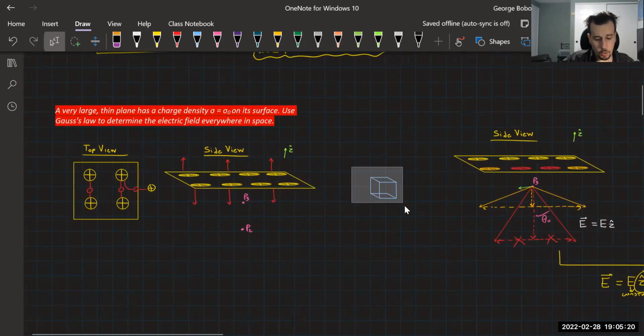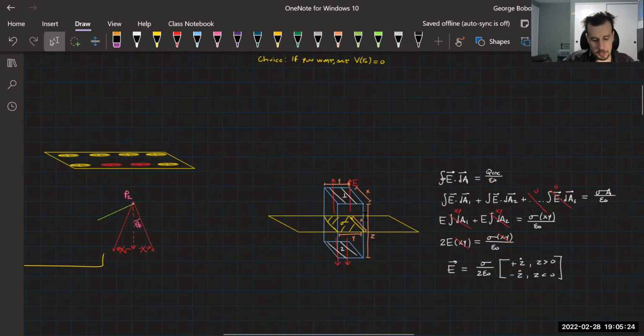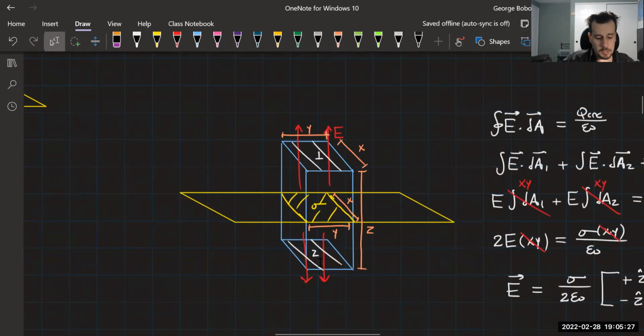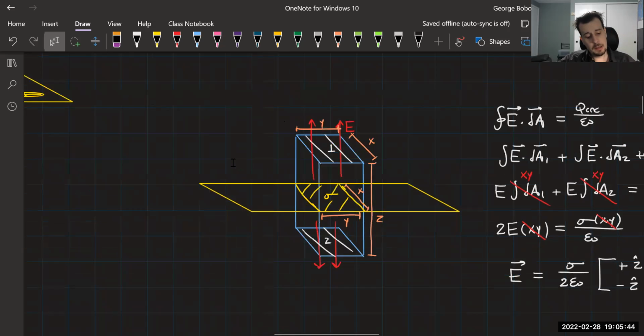But if you recall, when I put the box here, okay, I did it here. It was just 1 and 2 side here, side 1 and 2, that experienced uniform electric field. The others didn't experience anything. So we don't have to do it for all sides, you know? We just need a shape that experiences uniform field from some sides, okay?